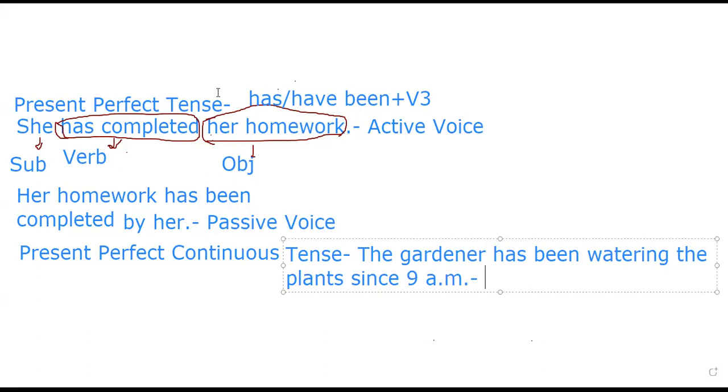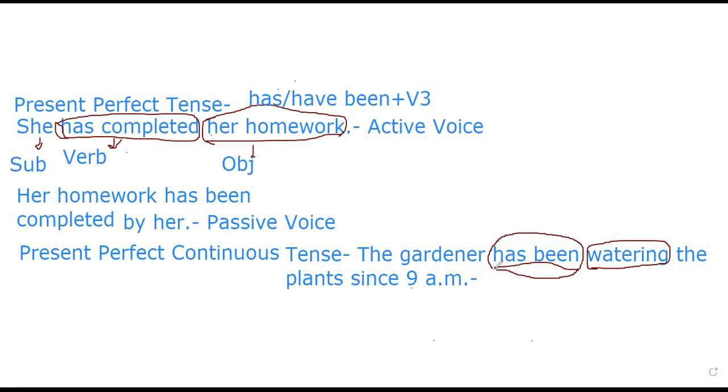In this sentence, we are already using has been, which we use when we change a sentence of present perfect tense from active voice to passive voice. Clear? Now we are also using watering. So present perfect continuous tense will not change into passive voice because here has been is already there, and watering is also there.